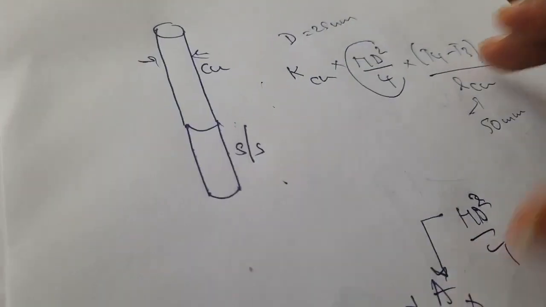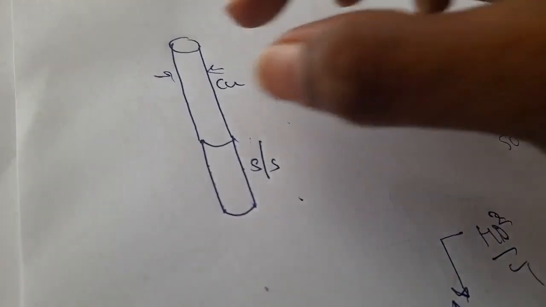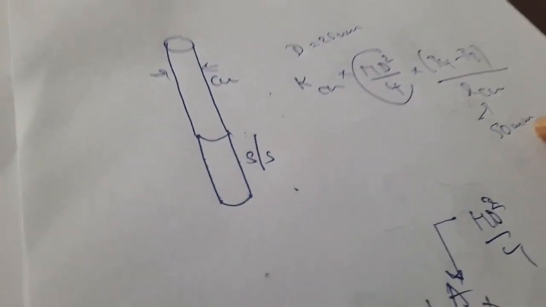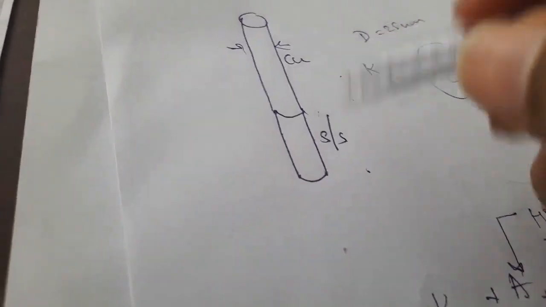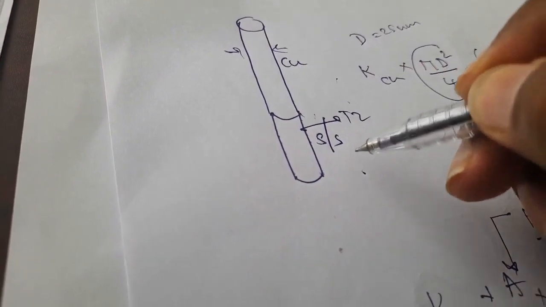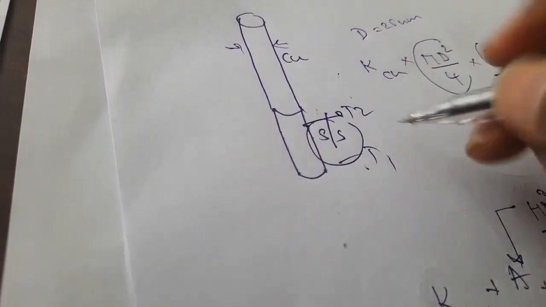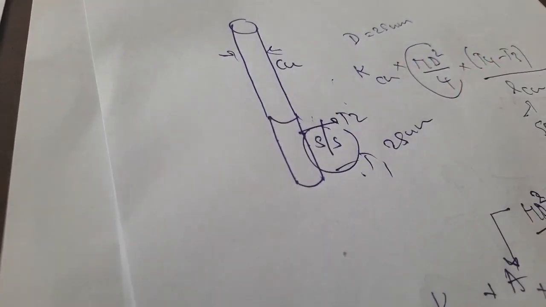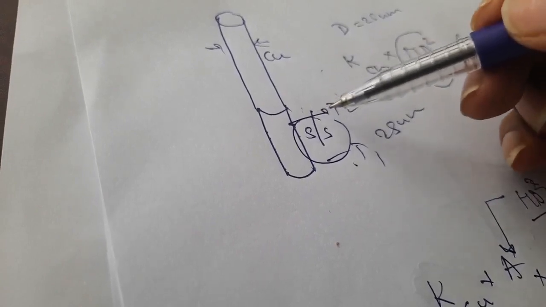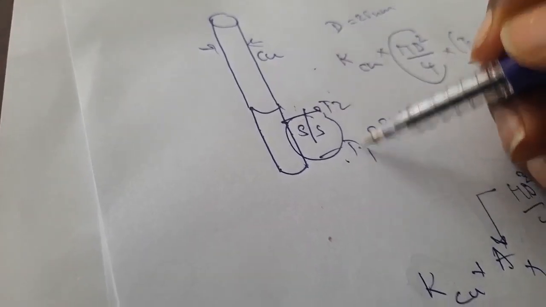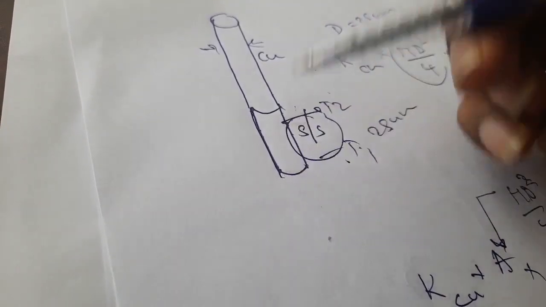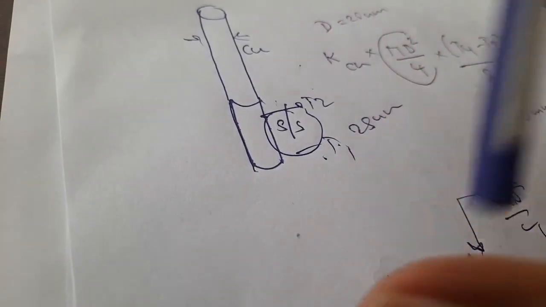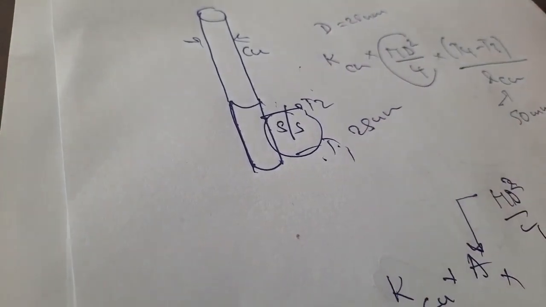The distance between the temperature points for the copper material is 50 millimeters, and the distance between the temperature points T2 and T1 for the stainless steel material is 25 millimeters. Here also, the distance between the temperature points for the stainless steel material and the length of the stainless steel material, both parameters we consider the same, based upon the dimensions.